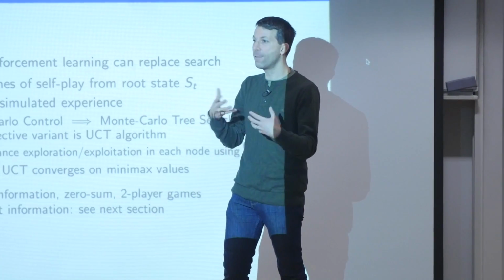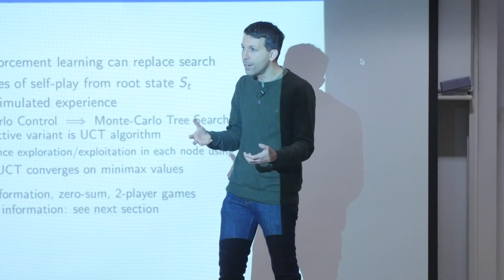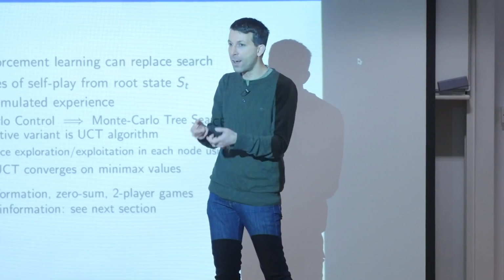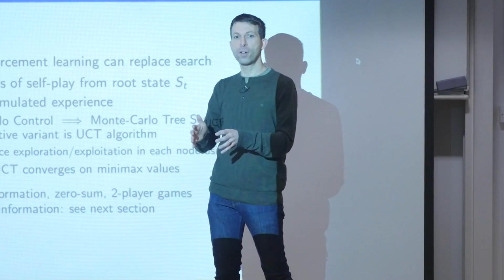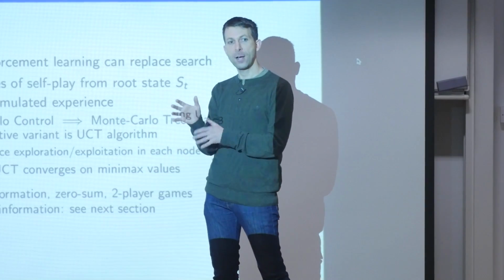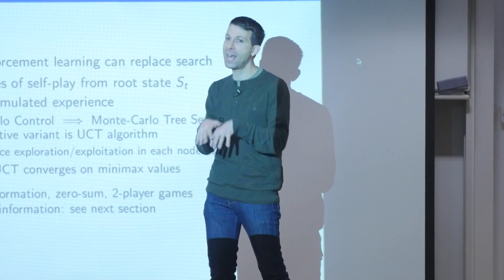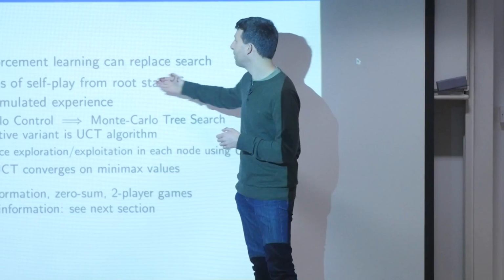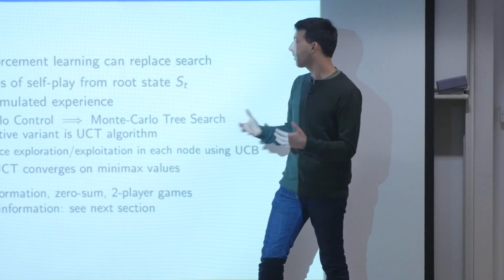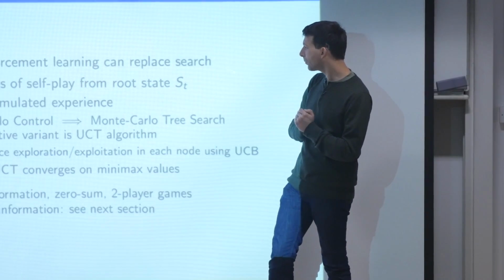That would actually be a form of look-ahead search. It would learn all of the particular patterns that occur in the situation that starts from now, because you're focusing all of your experience on the future. And if you have this model of the future, if you have the rules of the game, which we do in this case, we can exploit that by simulating this experience and learning from that simulated experience.